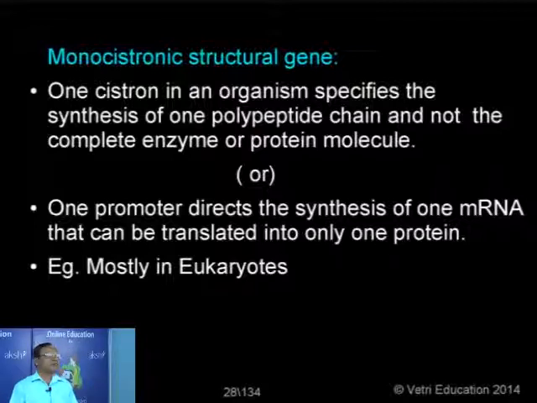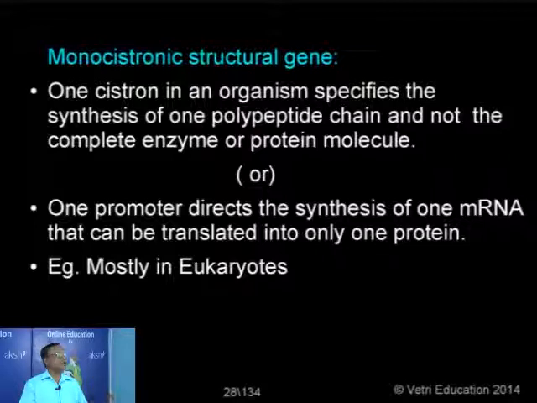In other words, in a monocistronic structural gene, one promoter directs the synthesis of one mRNA from the structural gene, from one cistron. Later that can be translated into only one protein or one polypeptide.